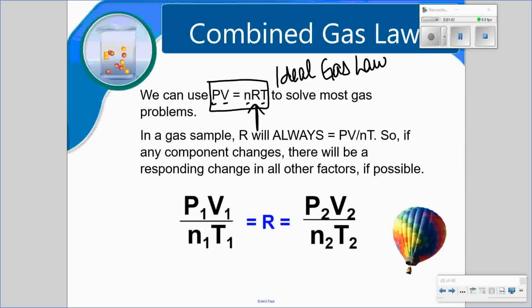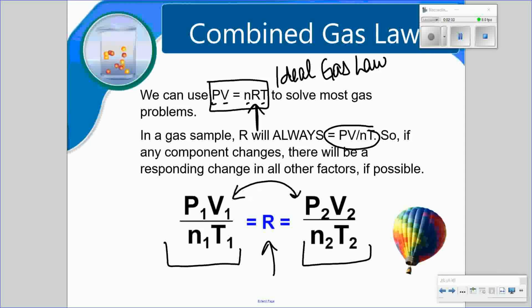And R will always equal PV over nT if you rearrange that equation. So if we have two sets of conditions, then R is going to be equal to the PV over nT for the first condition, and it's also going to be equal to the PV over nT for the second condition. Therefore, these two are going to be equal to each other.